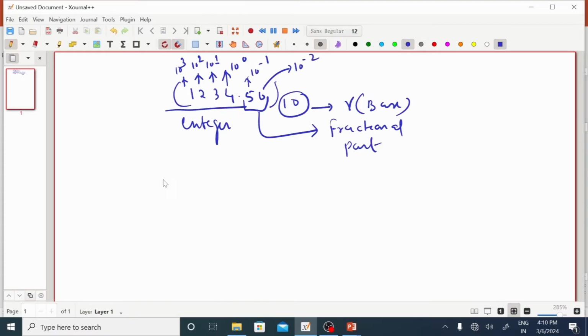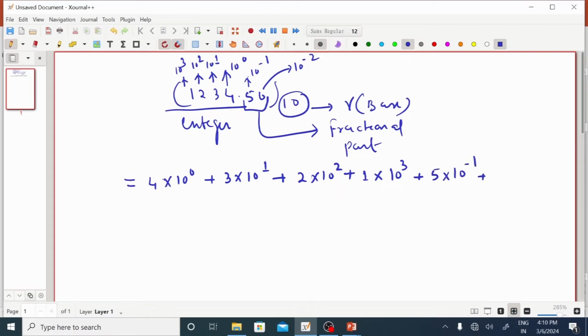So the number is equal to 4 multiplied by 10 to the power 0 plus 3 multiplied by 10 to the power 1 plus 2 multiplied by 10 to the power 2 plus 1 multiplied by 10 to the power 3 plus 5 multiplied by 10 to the power minus 1 plus 0 multiplied by 10 to the power minus 2.